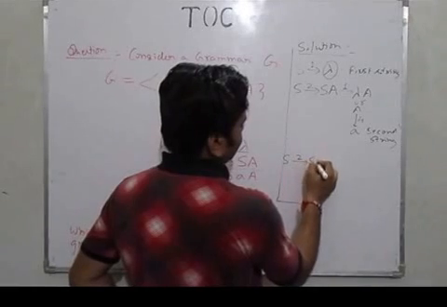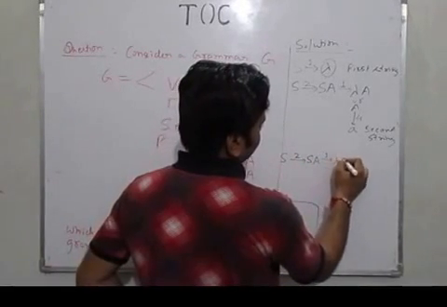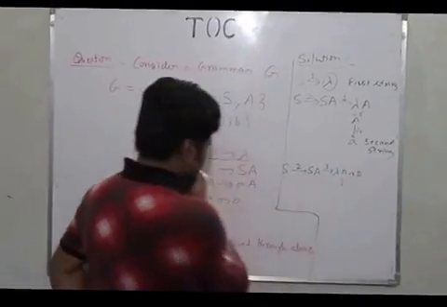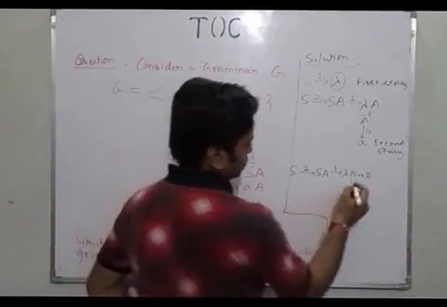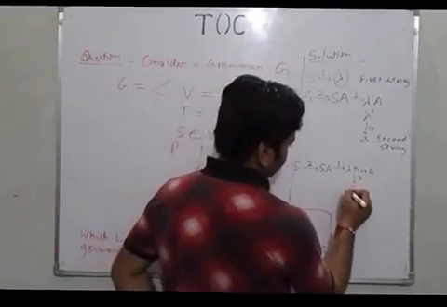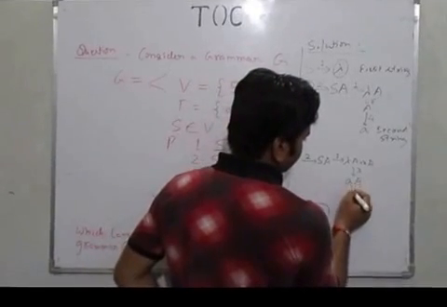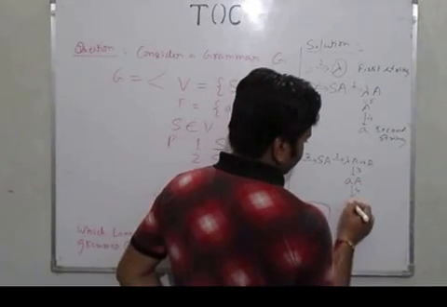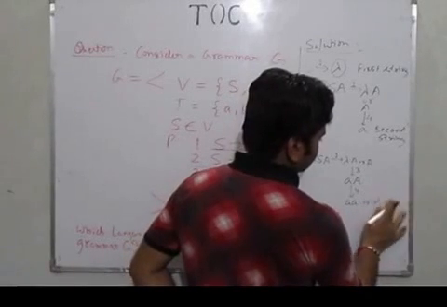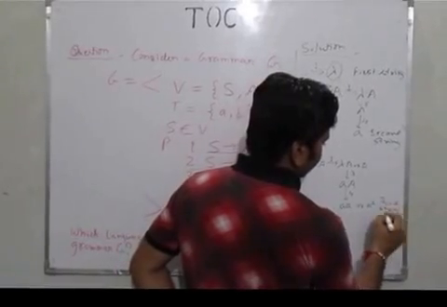Suppose once again SA, then using this one I will obtain lambda a or a. Then this time I will use production 3, and using 3 I would obtain AA, and with production number 4 on these I obtain aa, that is a squared, and this would be the third string.